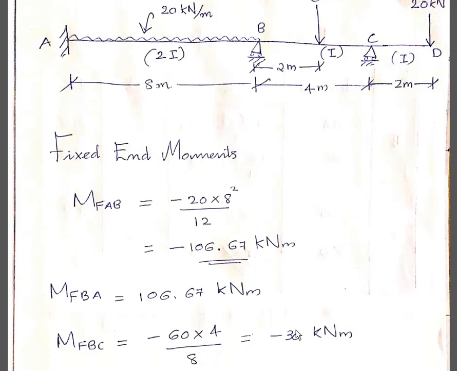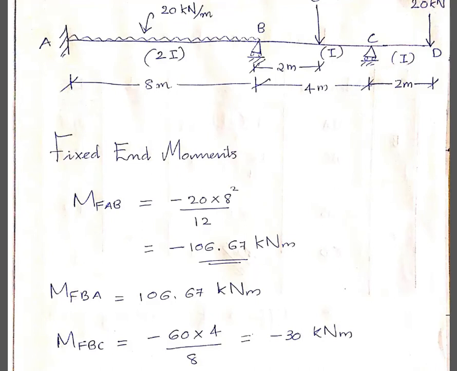It is a clockwise moment of same magnitude, and M of BC is equal to minus WL by 8. So minus 60 into 4 by 8, minus 30.